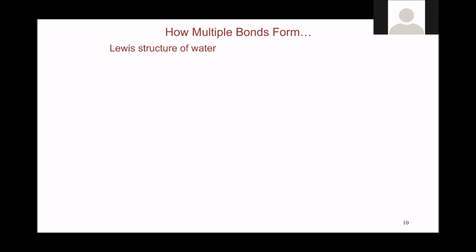In all cases, you will represent the valence electrons of each atom as dots, and then try to see what will happen when they share electrons with each other in order to satisfy the octet rule for each atom separately. So in case of water, you will have 2 hydrogen atoms, each one has 1 valence electron, and then an oxygen atom with 6 valence electrons.